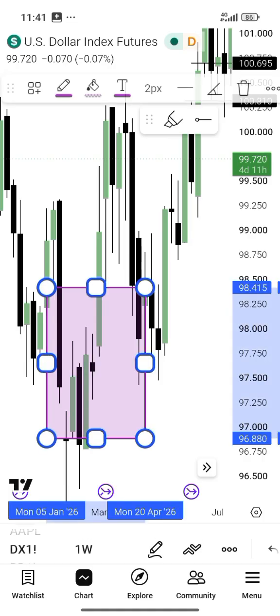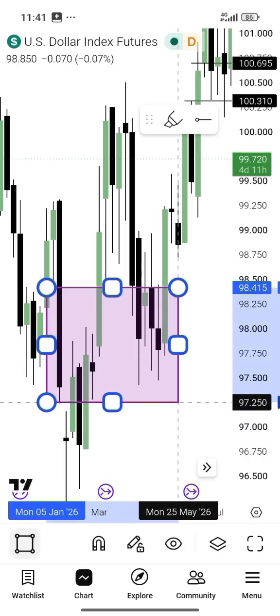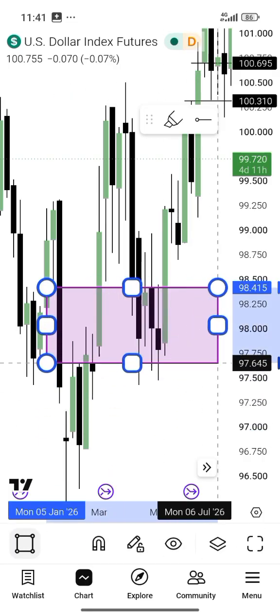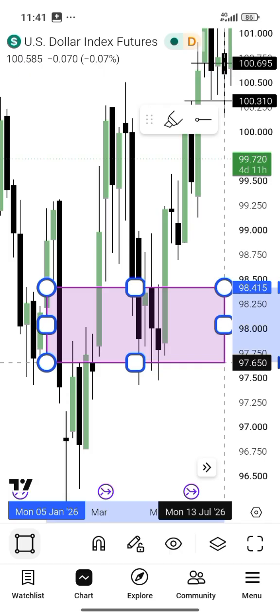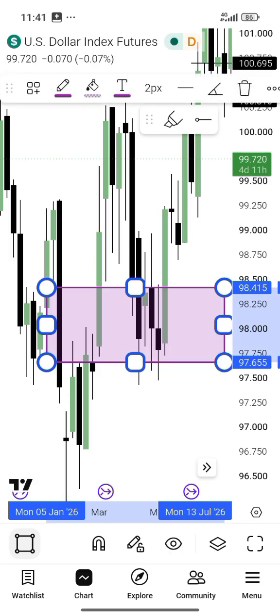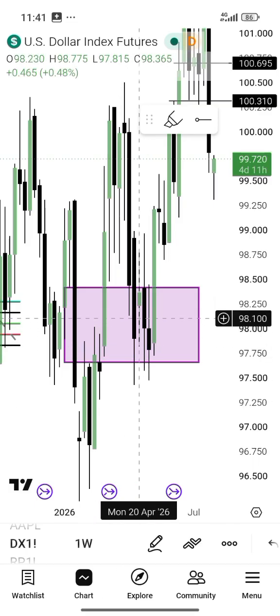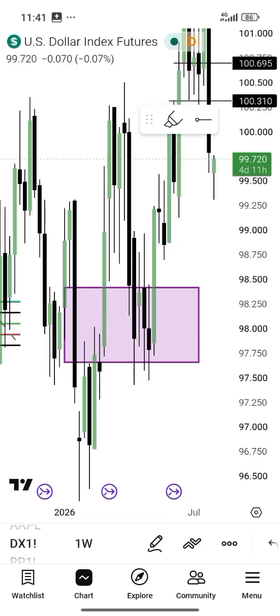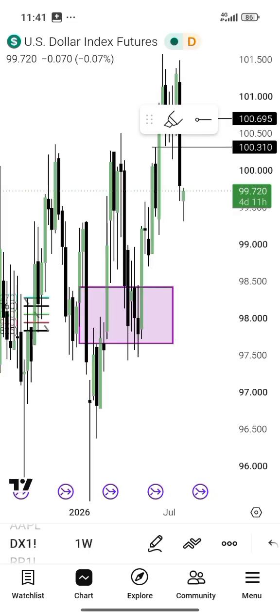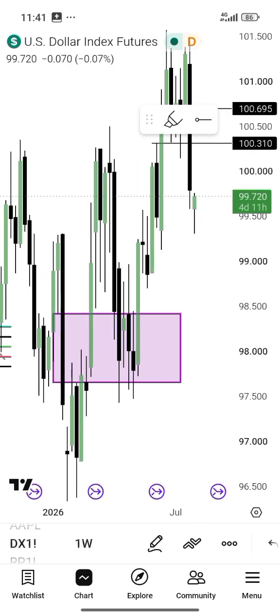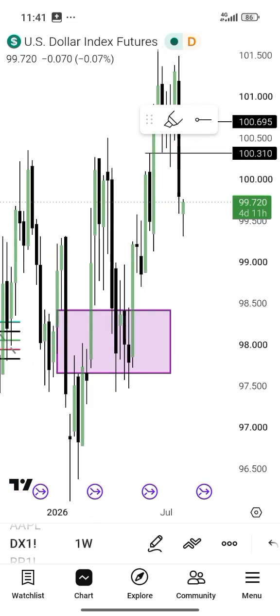So how are we drawing this balanced price range? We draw it from here to here. Right? You can see there's a point where it was invalidated, basically, or close below the 50%, but it still held. You understand? We could have used other things as well to mark out price, but basically that's the balanced price range.